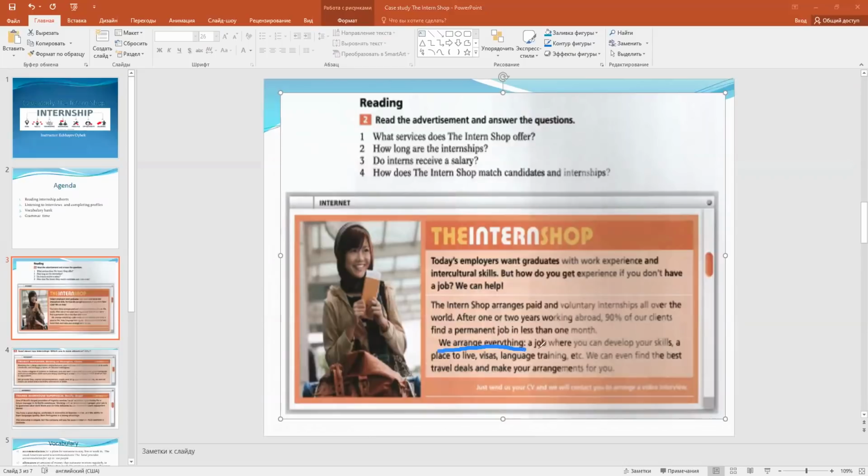And here you can see develop your skills, a place to live, visas, language training. And if you're going to travel abroad, you can also make a deal with them. These deals are called travel deals.